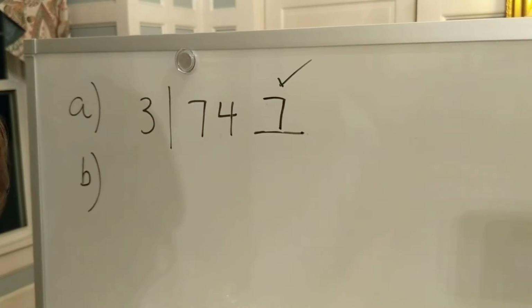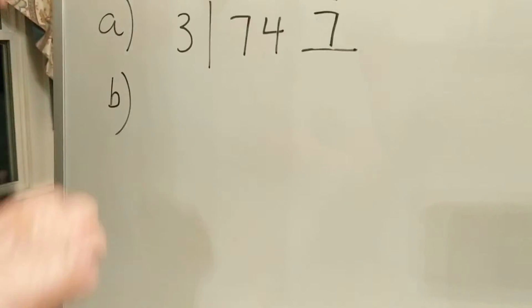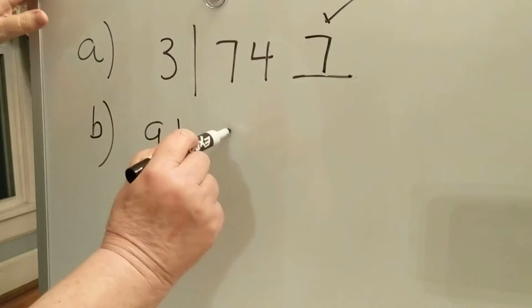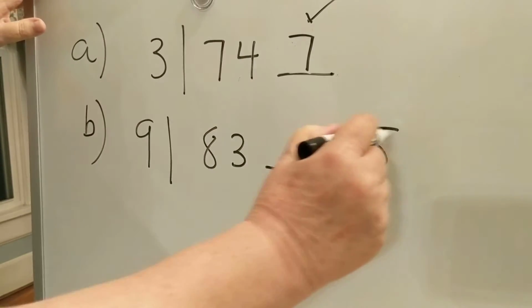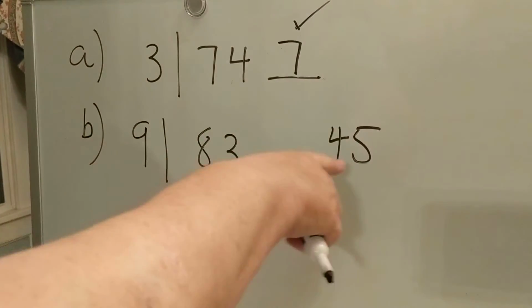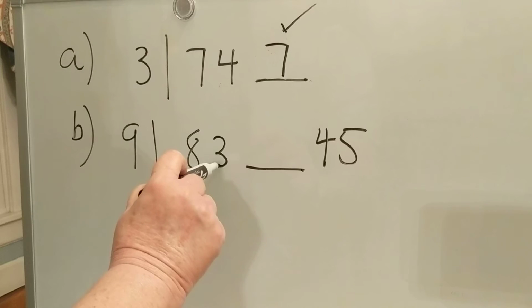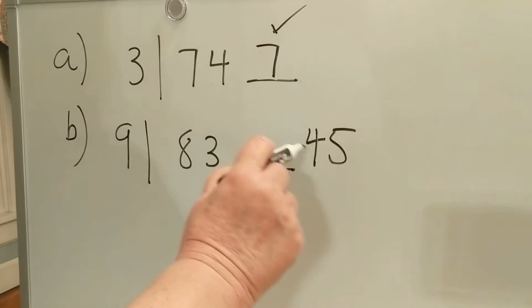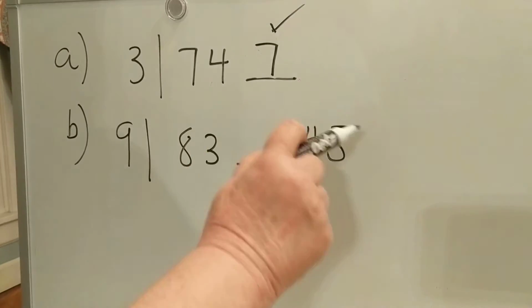All right, for B, 9 divides 8, 3, blank, 4, 5. We want the largest number that we can put in this blank so that 9 divides this. Well, let's see what the sum is. 8 plus 3 is 11. 11 plus 4 is 15, plus 5 is 20.